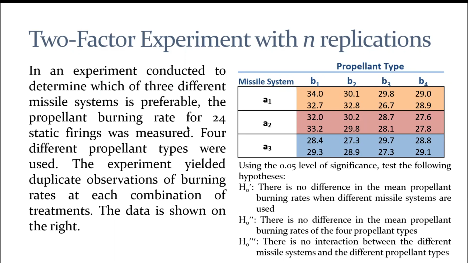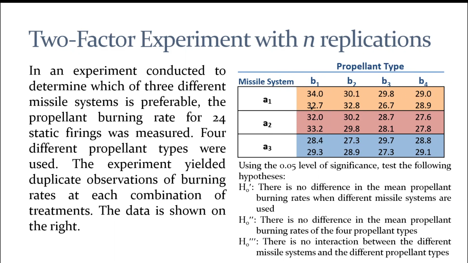Okay, so ang magiging factor natin dito is itong missile system, which we've labeled as factor A. Tapos we have your propellant type, which we've labeled as factor B. Okay, then from this table we can see na meron tayong three types of missile system. So that's three levels for factor A. Tapos propellant type, we have four levels naman.